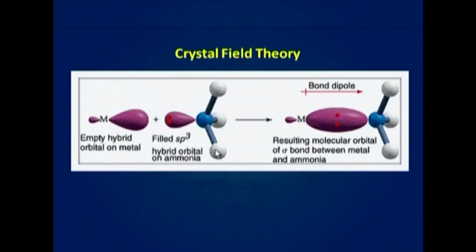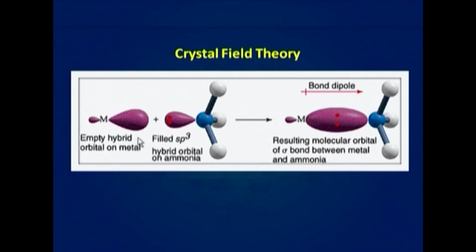Such ligands approach the central metal ion with negative poles closest to the central metal ion. Actually, even if the ligands are not negatively charged, that is, if they are neutral ligands, they are polarized by the positive charge of the cation and thus appear negatively charged.